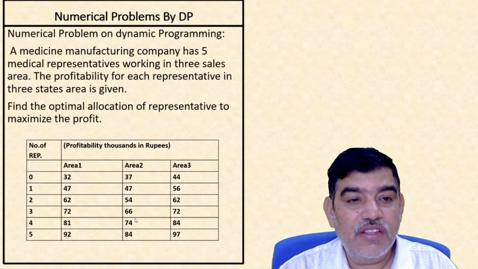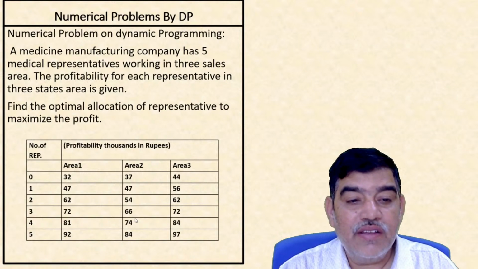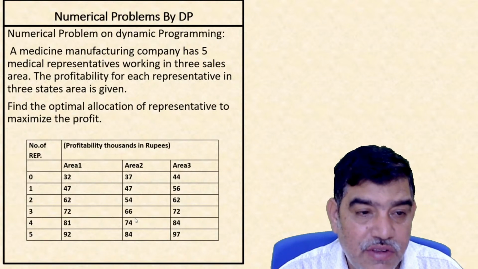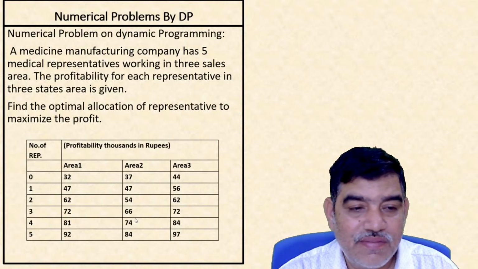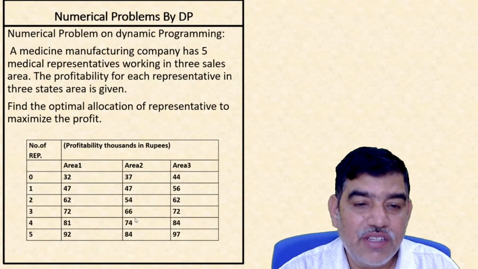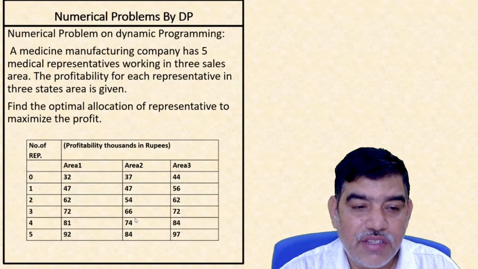In the question, the number of representatives and the 3 areas are given, and the profitability is mentioned column-wise. Suppose one representative is working in area 1, the profitability is 47,000, because all the values in the table are in thousands of rupees. If one representative is working in area 2, the profit is 47,000.